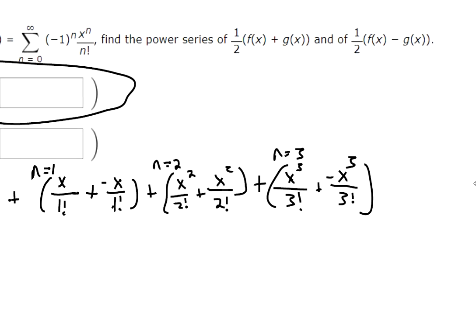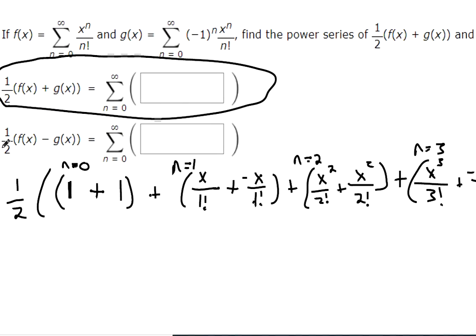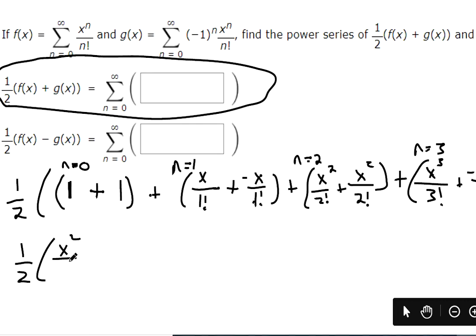But if we do one more, if we do n equals 4, we got x to the fourth over 4 factorial for f of x, and then it's plus a positive x to the fourth over 4 factorial. And then we can keep going from there, but only the even terms are surviving. So what's happening is that we got 1/2, and I'm going to simplify that real quick.